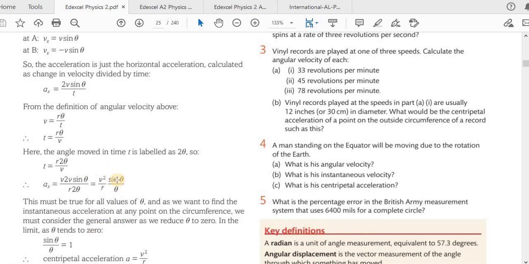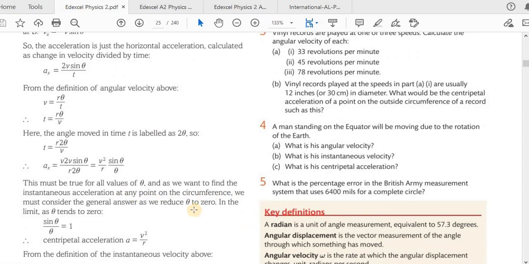Now this must be true for all values of theta, and as we want to find the instantaneous acceleration at any point in the circumference, we must consider the general answer as we reduce theta to 0, in the limit as theta tends to 0. So at every instant we are seeing this, so the theta is very small.